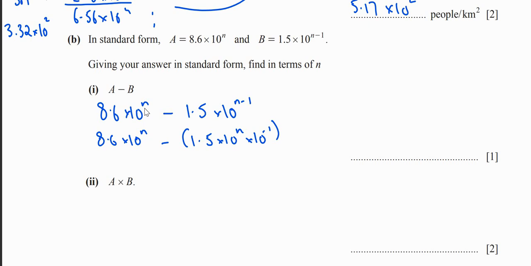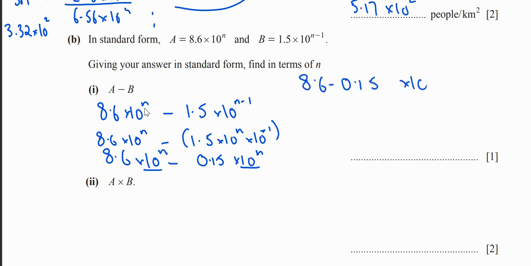So this actually becomes 8.6 multiplied by 10 raised to power N. Subtract it from, look, 1.5 multiplied by 10 raised to power negative 1 is actually 0.15 multiplied by 10 raised to power N again. Alright, so 10 raised to power N will be common. I will do 8.6 minus 0.15 multiplied by 10 raised to power N.